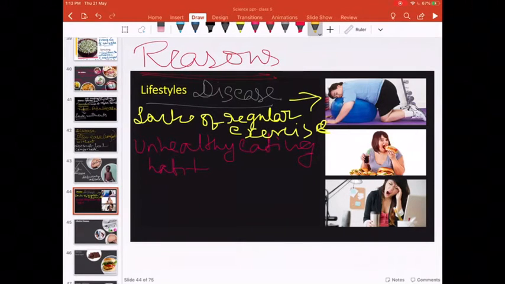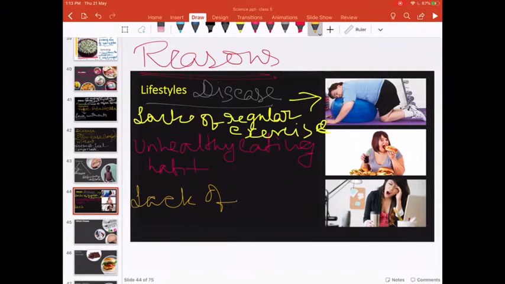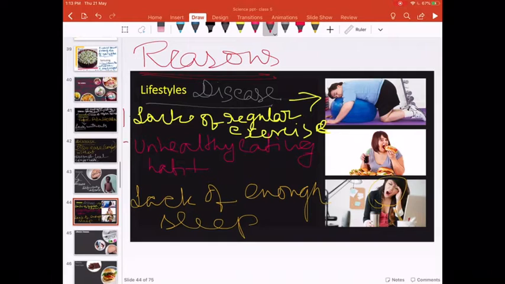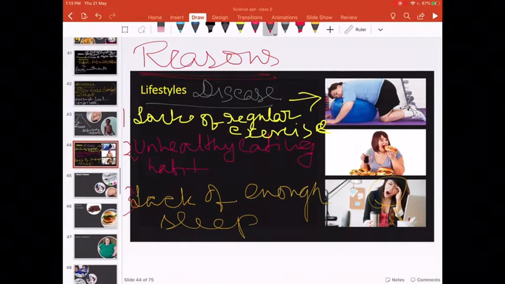And the third reason is lack of enough sleep. That's why we keep on yawning like this girl. So these are the three reasons of lifestyle diseases.